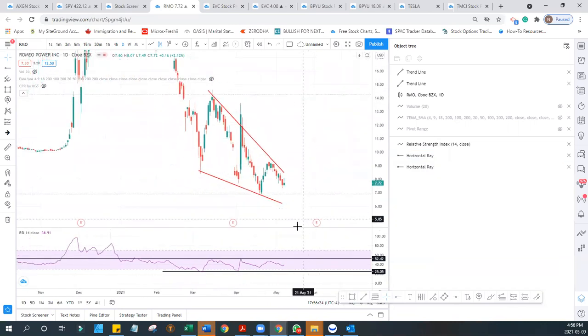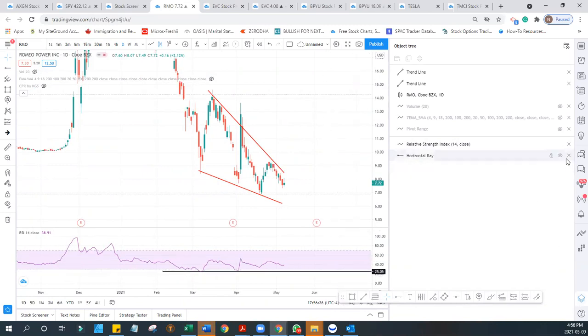The way you can use the RSI is by using the divergence, specifically if you are a day trader or a swing trader. Let me show the horizontal here.